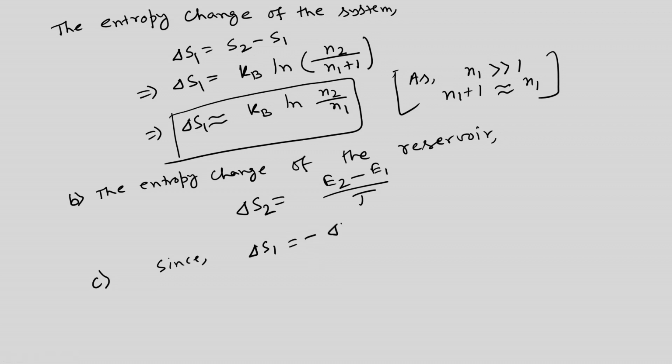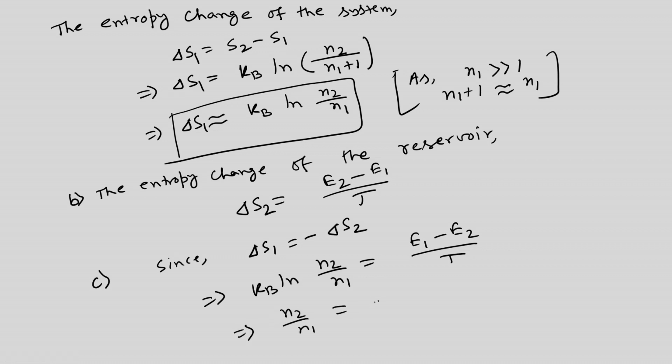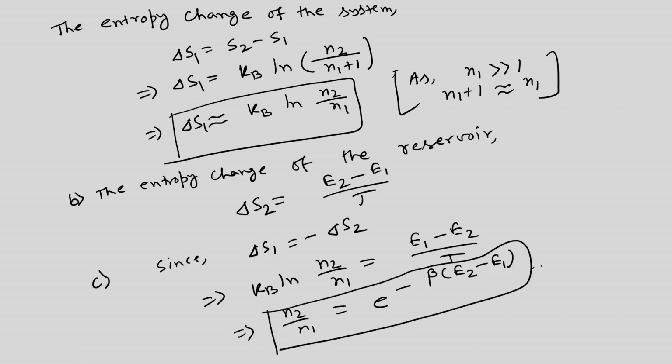If we substitute, we get Kb ln N2 by N1 equals E1 minus E2 by T. So we get N2 by N1 equals e to the minus beta (E2 minus E1). So, this is nothing but the Boltzmann relation.